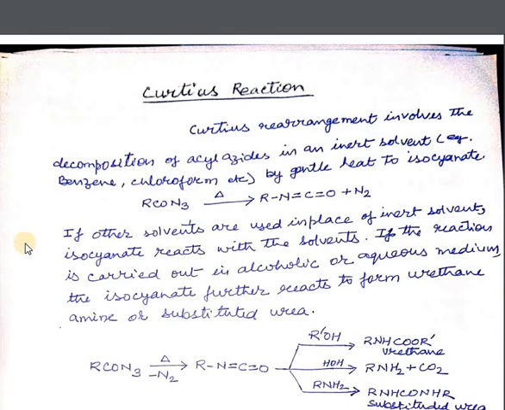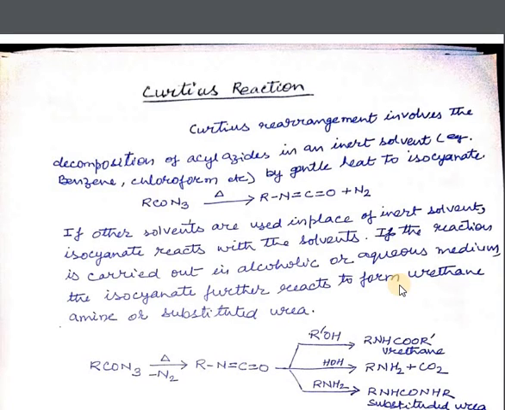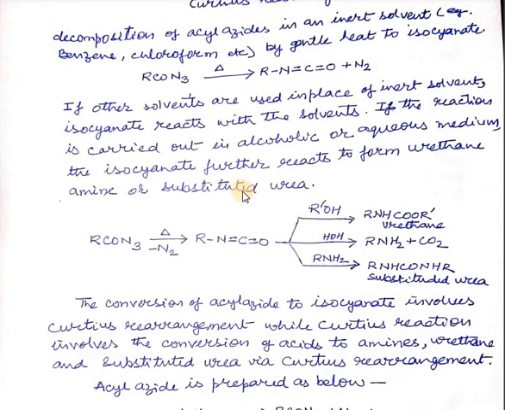If other solvents are used in place of inert solvents, the isocyanate, this product, will itself react with the solvent. For example, if the reaction is carried out in alcoholic or aqueous medium, the isocyanate further reacts to form urethane, amine or substituted urea. These are the products obtained by the reaction of the isocyanate with the solvent, for example water or alcohol.